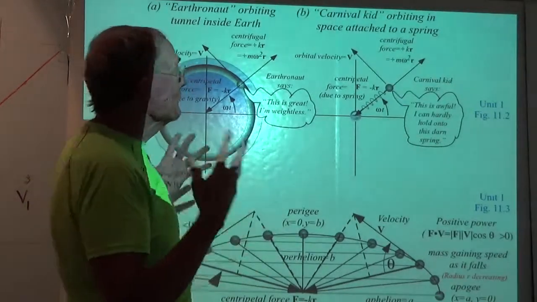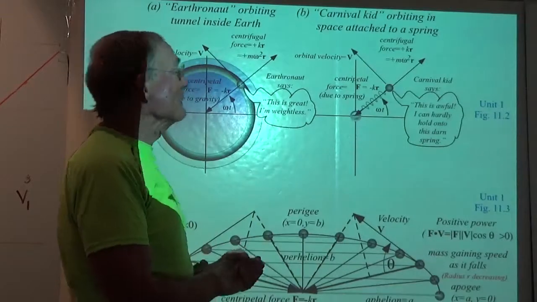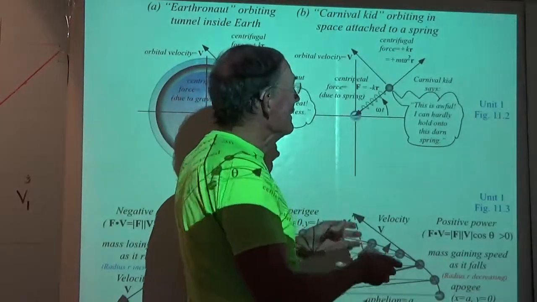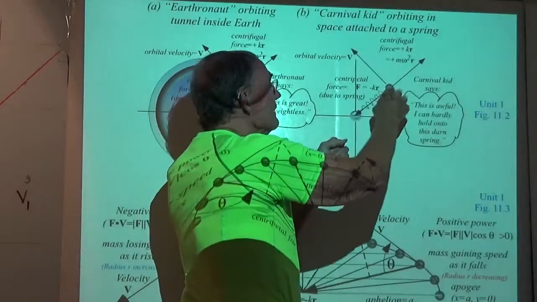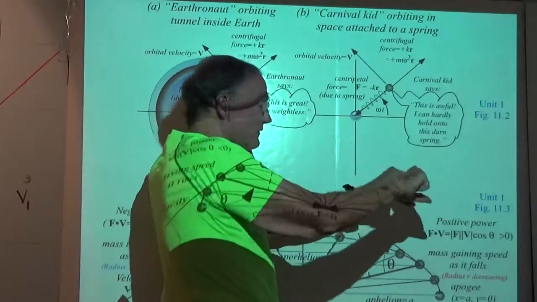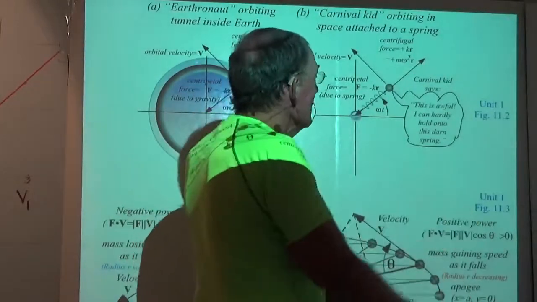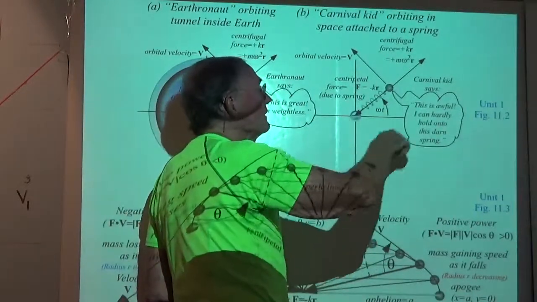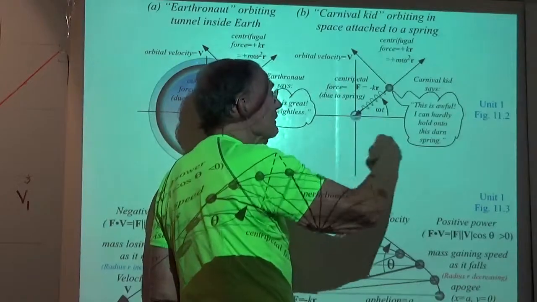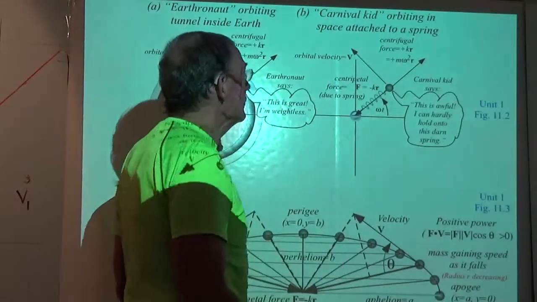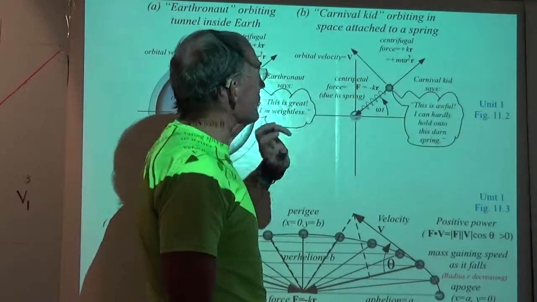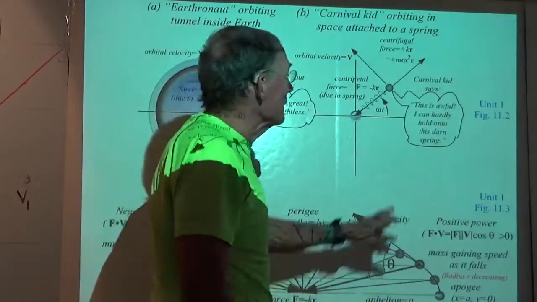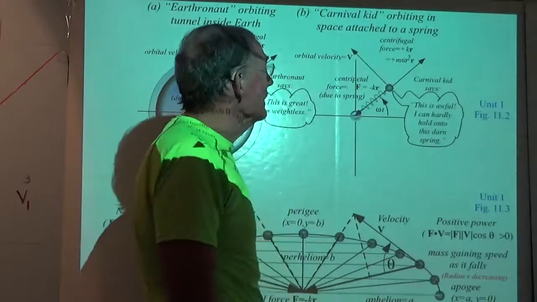Contrast that to what I call the carnival kid, who is on some sort of amusement ride that consists of you at the end of a spring. You've got some sort of thing that's flinging you around, and let's suppose that they're flinging you so that you have a constant angular velocity. Okay, same centripetal force due to the spring, and you're holding on. This is awful. I can hardly hold on to this darn spring.